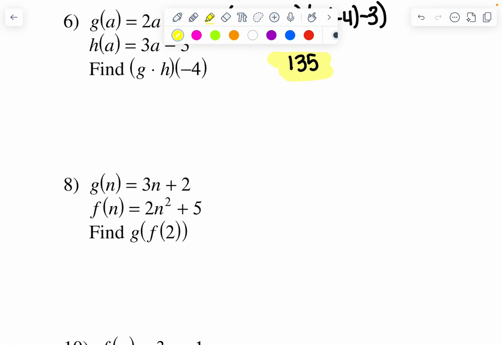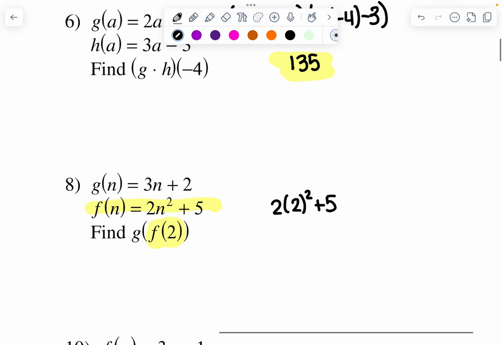On to 7. They want to find g of f of 2. So we're going to stick with parentheses first. We're going to solve what is the function of 2 for this. So we're going to plug in 2 times 2 squared plus 5 and solve. So 2 squared is 4. 4 times 2 is 8. 8 plus 5 is 13.